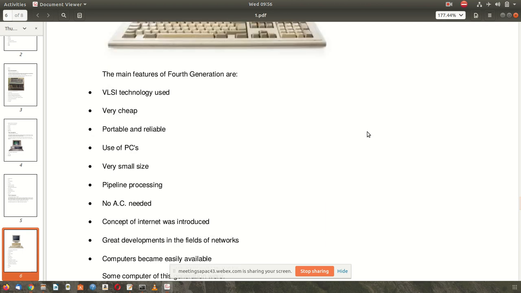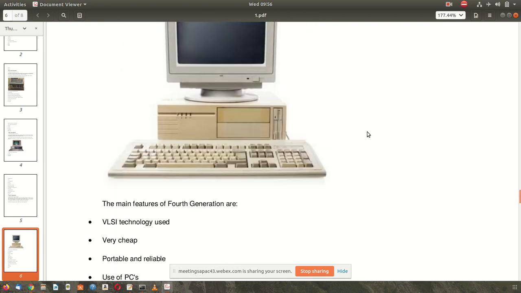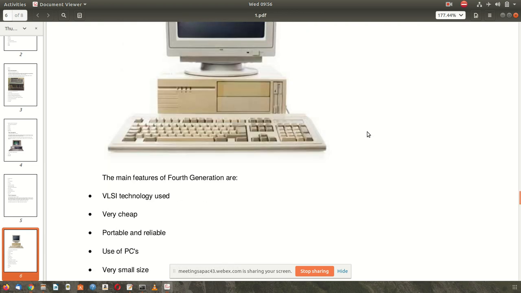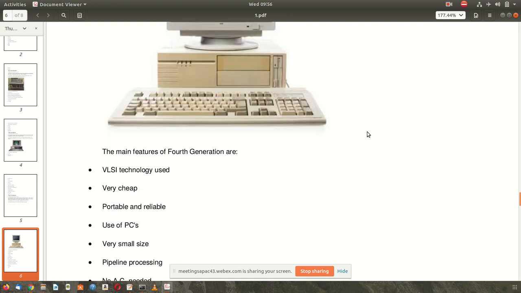There are some pipeline processing and programming concepts; if you can remember them, it is good. Then no AC is needed, because less heat is generated, since many ICs are put together into one VLSI.